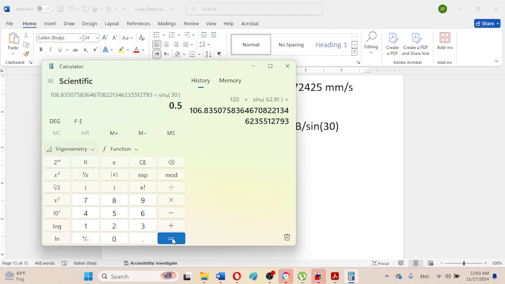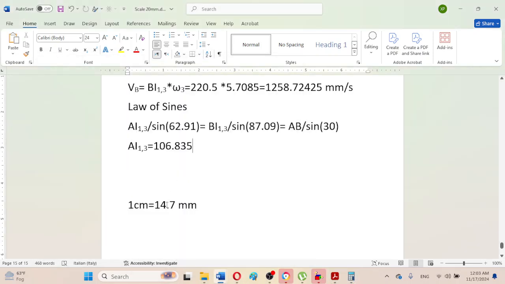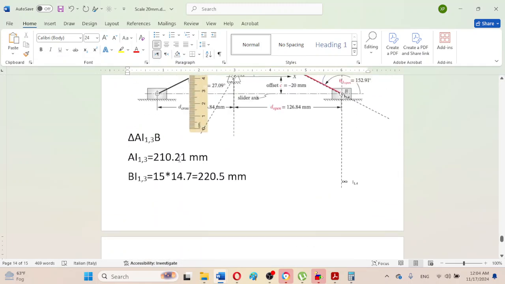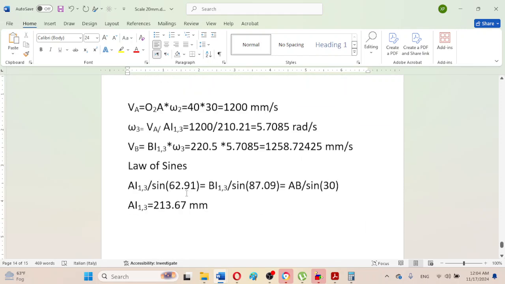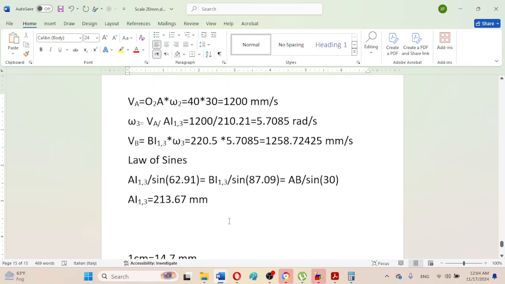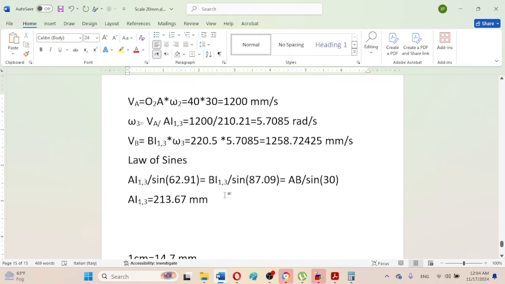As we can observe here, this is 213.67 millimeter. Here our results were 210.21, these were the graphical values, and this is 213.67, the analytical result. So that means our graphical results were quite near and they were quite okay.